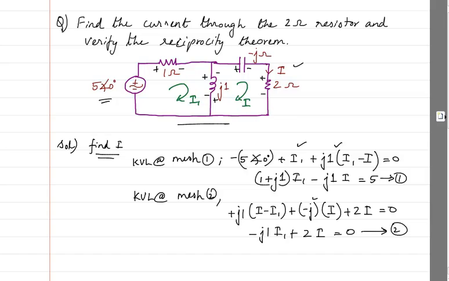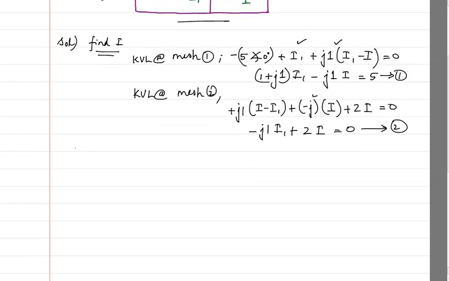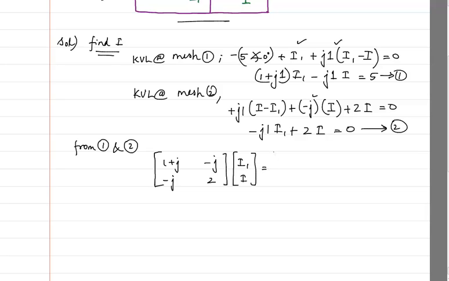From 1 and 2, I can write the matrix form as 1 plus j1, minus j1, then second equation minus j and 2, and this is going to be I1 and I is equal to 5 and 0.